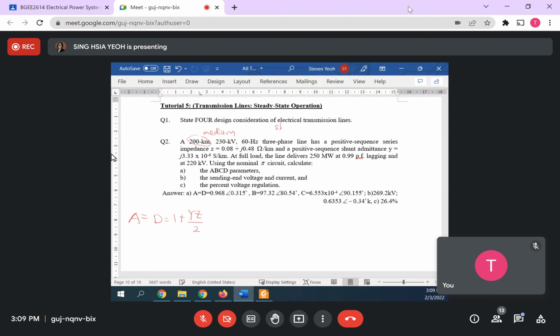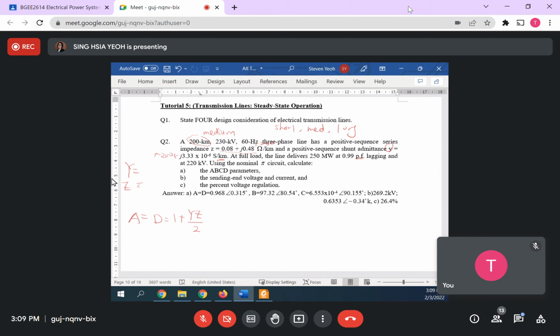So you have short, medium, and long lines. For each of these three lengths, you have a different formula. So what are Y and Z? Y will be this Y, but this one is per km. Now they tell you it is 200 km, so you need to use this value times 200. Then Z, you need to use this value times 200. Then substitute inside here.